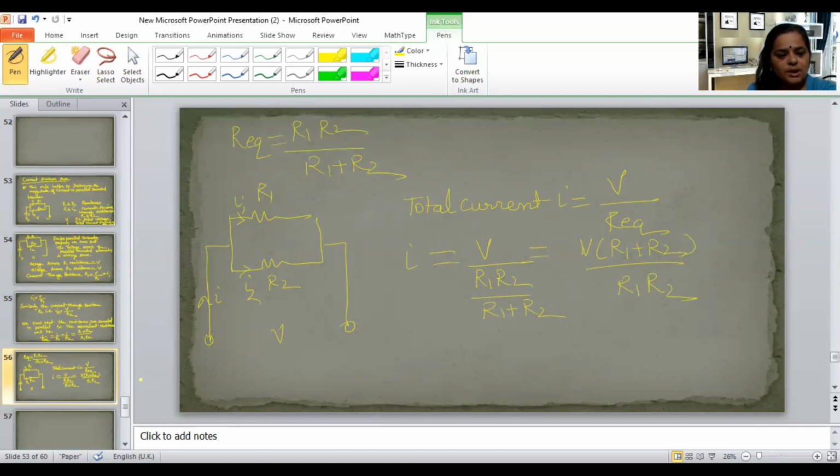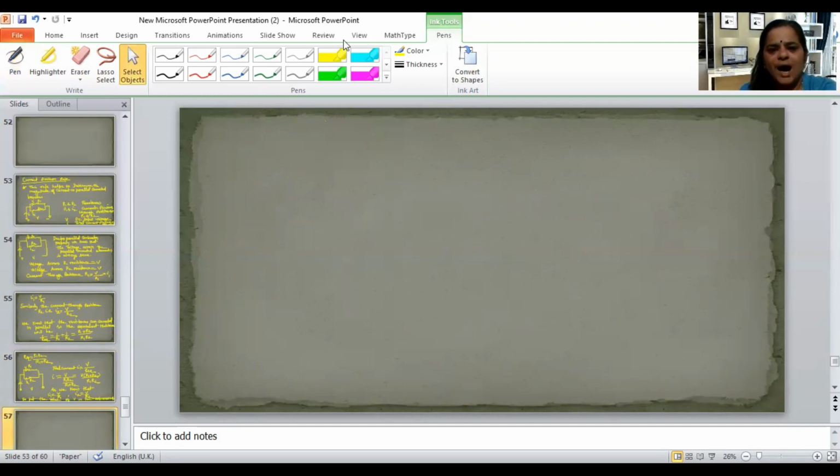Now as we know that I1 is equal to V by R1 and I2 is equal to V by R2, put the value of V in the expressions of I1 and I2.